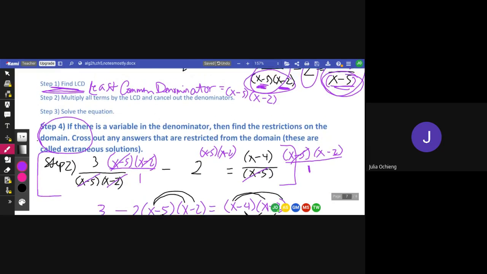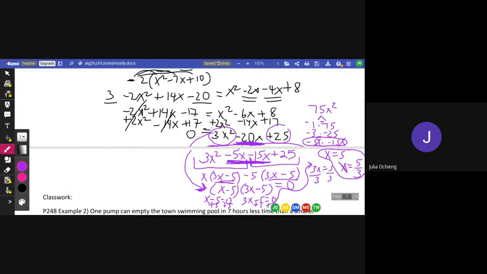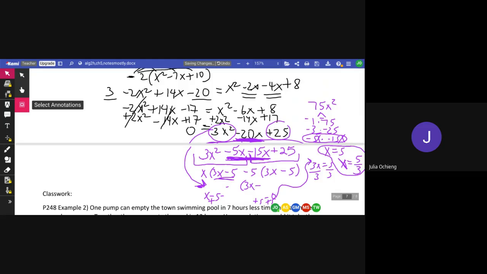So I'm going to solve for the domain, which is to set the denominators equal to 0. Because I'm running out of space, I'm going to have to erase all this, but hopefully you can pause the video if you needed to see it for longer.